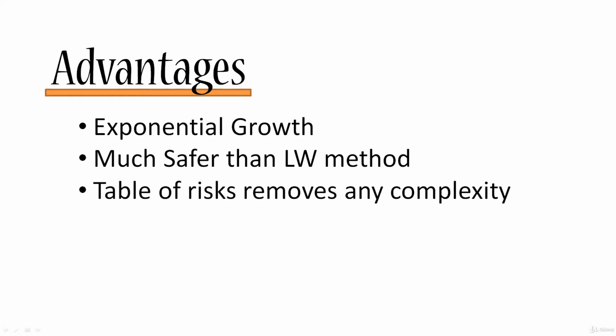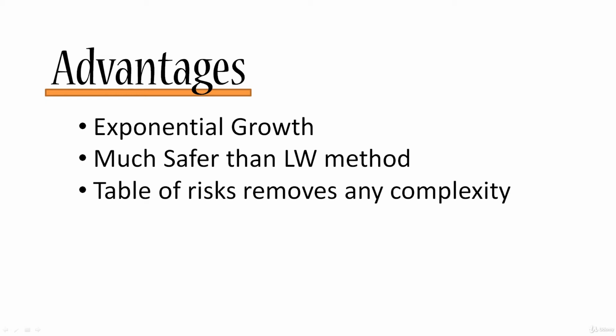And finally, the table of risks removes any complexity. As you might have noticed at the start, it was quite hard to follow what was going on because we had to wait until we get a delta, increase our balance, increase our lots, check our balance, then calculate the next step for our balance, and so on.